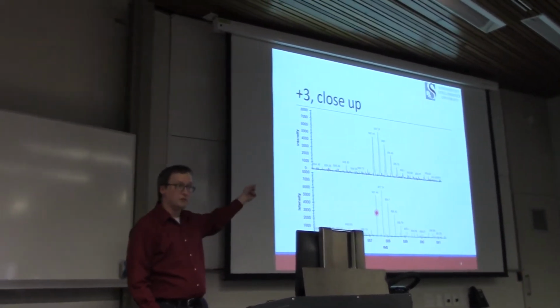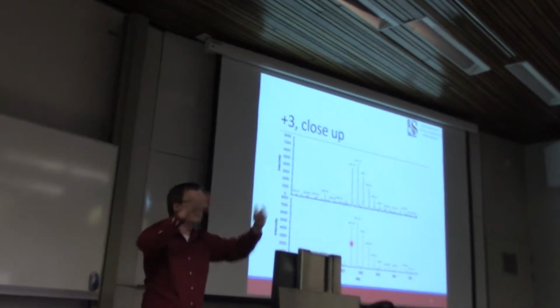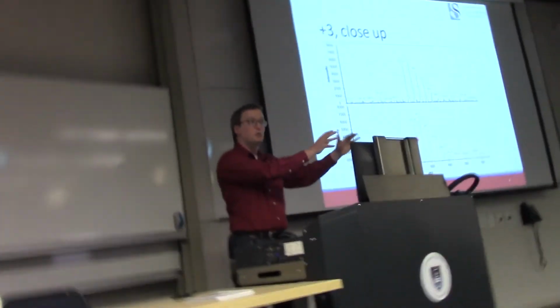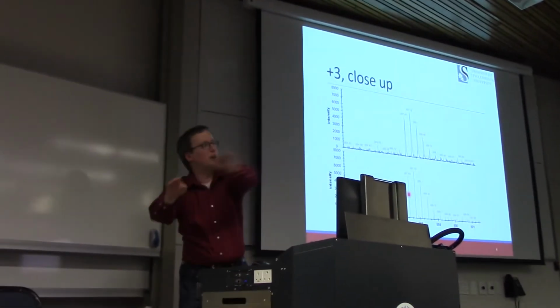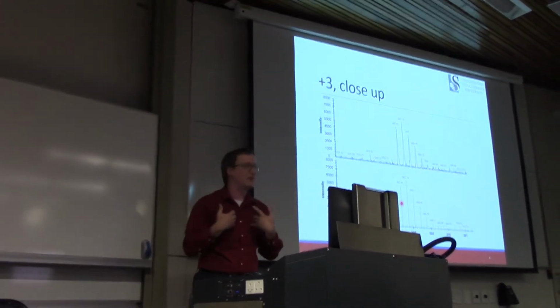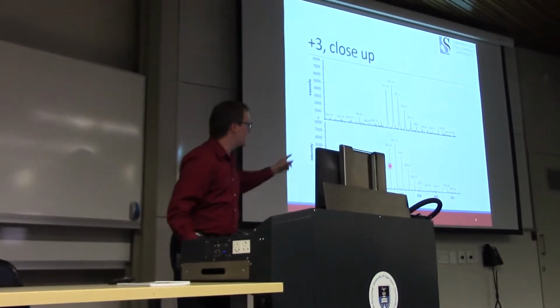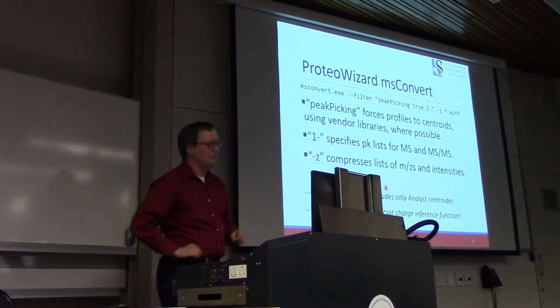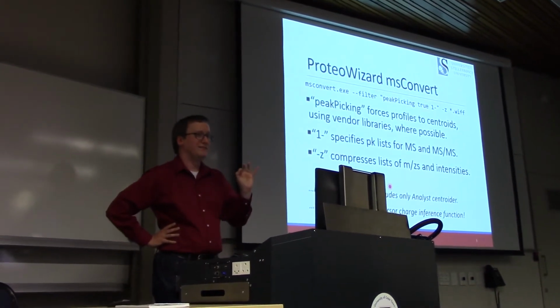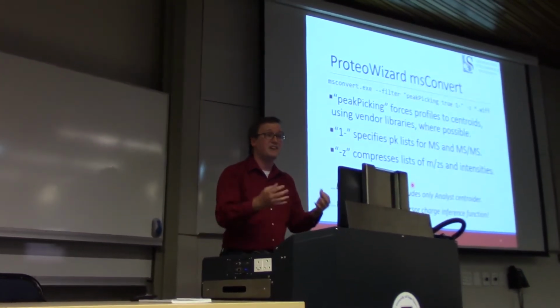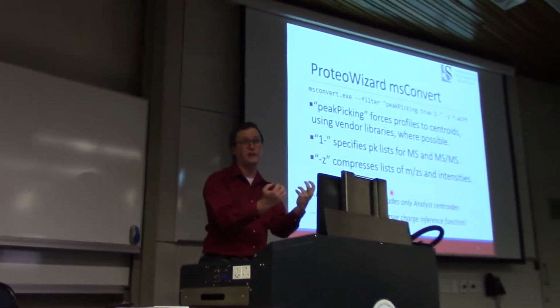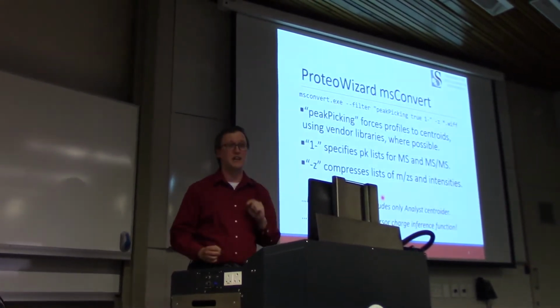So we have an agreement with SCIEX that allows us to ship their software library with ProteoWizard, and we can call that, we give it this profile mode spectrum, and it returns to us a peak list. Okay? So that's great. Now, the command line, I know I didn't show you a pretty GUI, I showed you a command line, but honestly, this is the same thing happening under the hood every time you hit the Go button on the MS-Convert GUI.